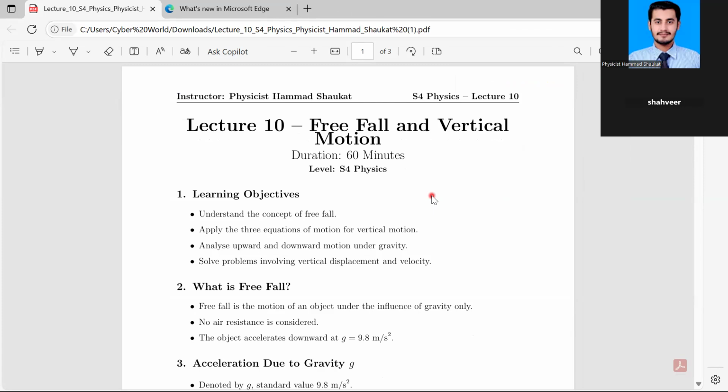In today's lecture, basically, we are going to discuss free fall motions, and we can say vertical motions. You know somehow what free fall motions are.